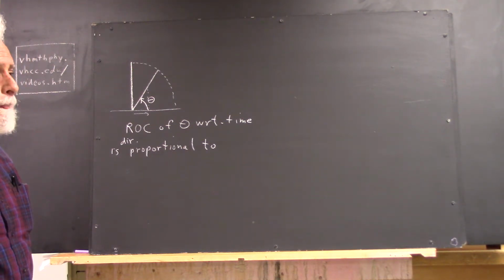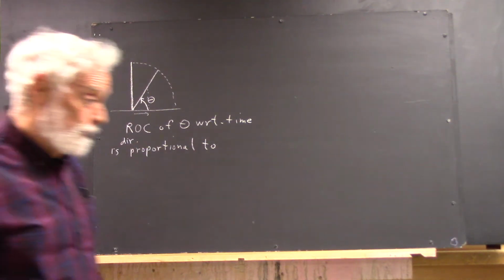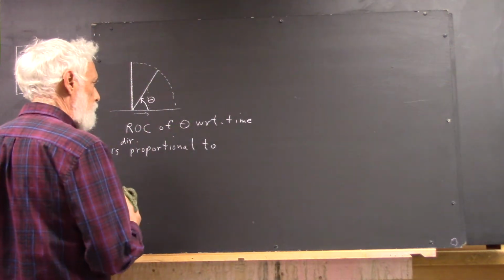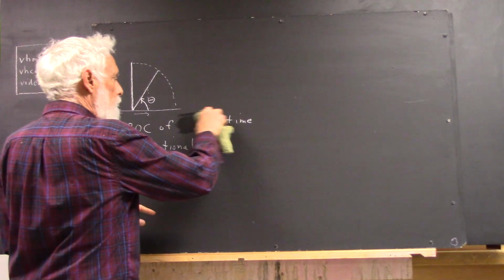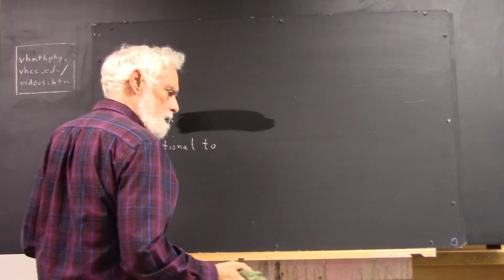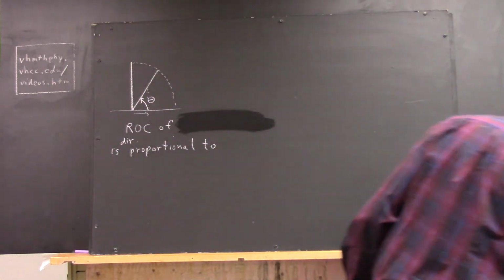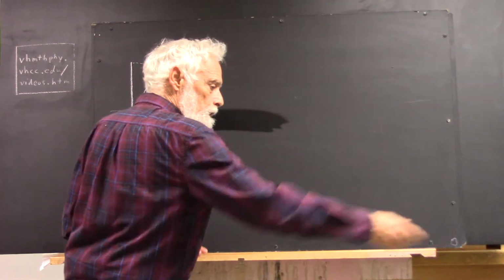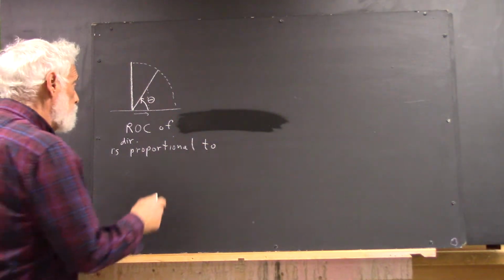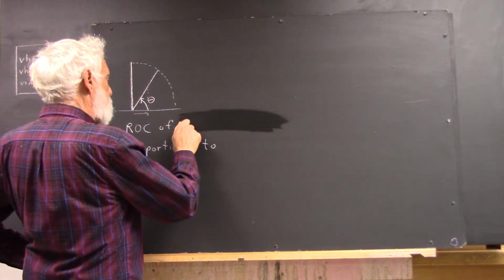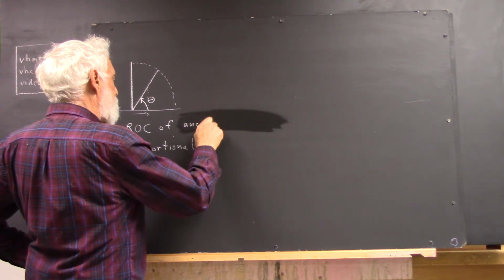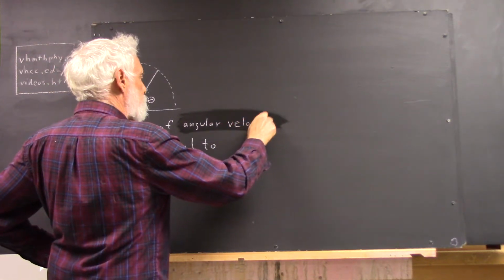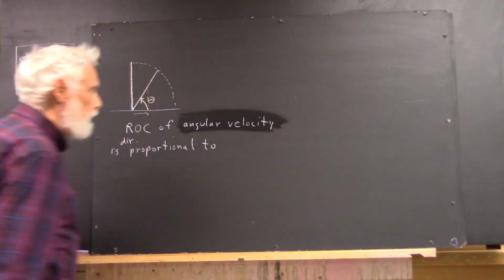and actually what I just said is wrong because I left something out. I said that absolutely wrong. Not the rate of change of theta, it's the rate of change of the angular velocity.